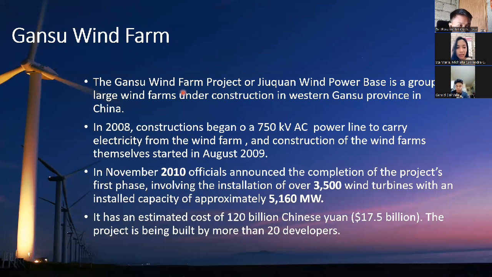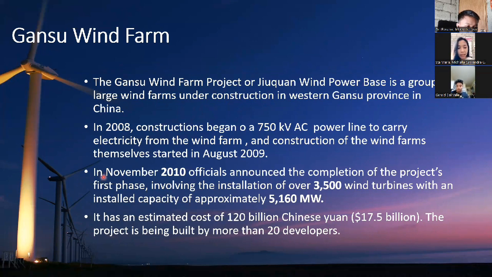Gansu Wind Farm. The Gansu Wind Farm project, or Jiuquan Wind Power Base, is a group of large wind farms under construction in western Gansu province in China. In 2008, construction began on a 750 kV AC power line to carry electricity from the wind farm, and construction of the wind farm then started in 2009.